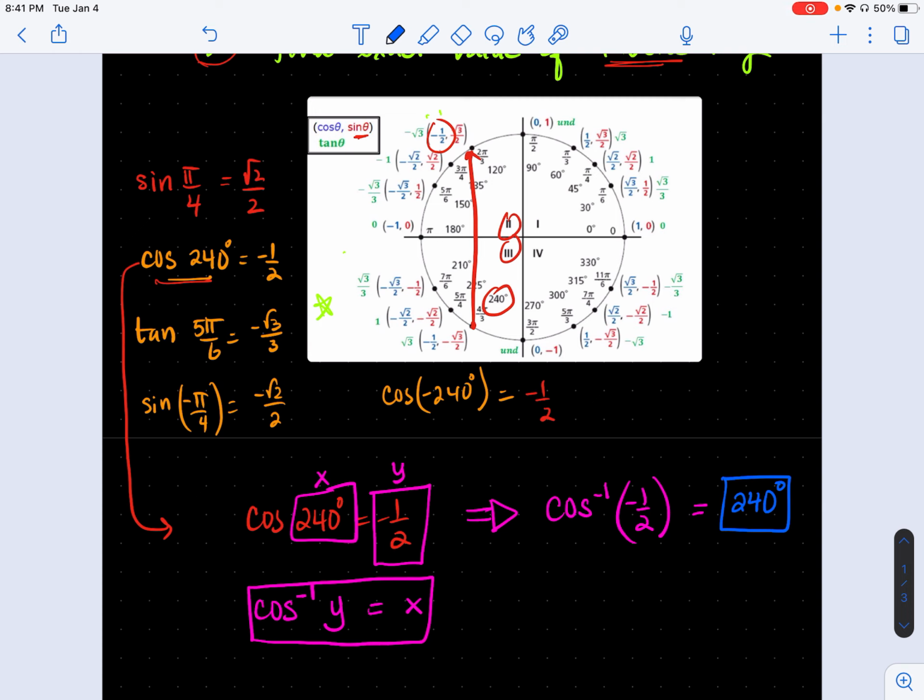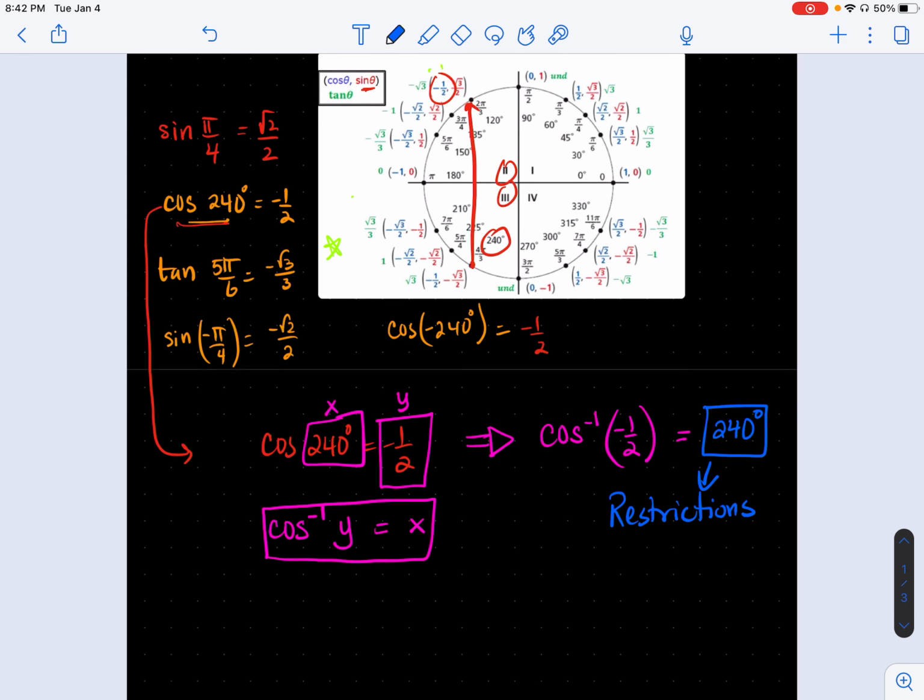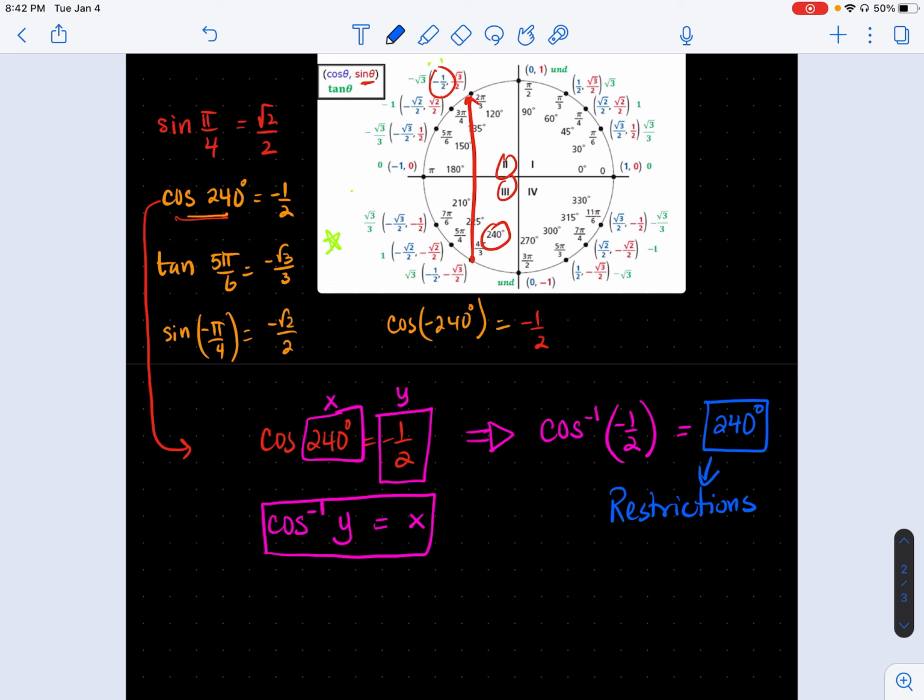However, I'm pretty quickly going to tell you that cosine inverse has restrictions. So this answer will not be directly acceptable, and it will have some restrictions, but we will talk about that in a bit here. As of now, please just recall that inverse functions are the ones where the input-output are swapped.